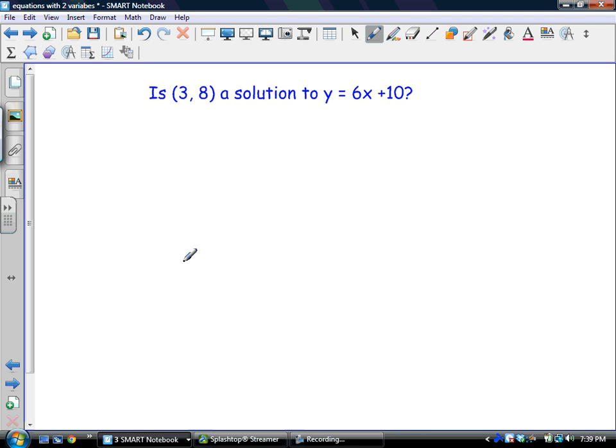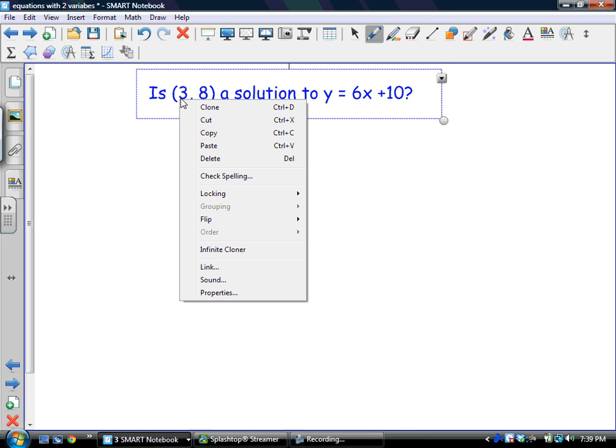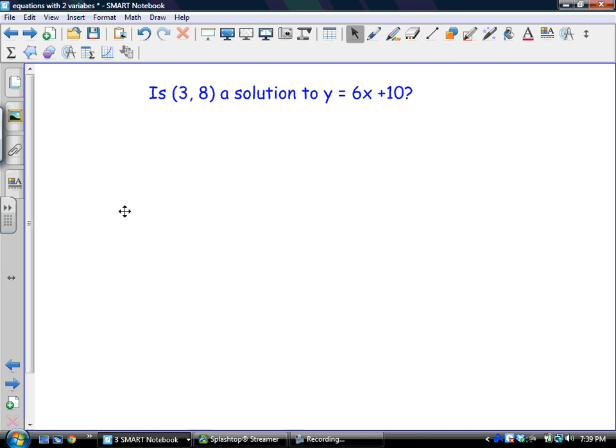And the other type of question that you'll see from this is it'll ask you, is a certain ordered pair a solution to an equation? Well, it's fairly easy to figure out. All you have to do is plug the numbers in, see if it makes the equation true. Just remember that the first number, so in this case the 3, is always going to be my x. Okay?